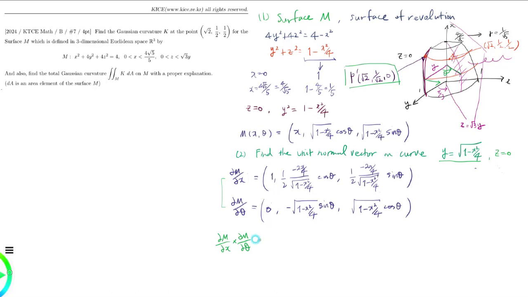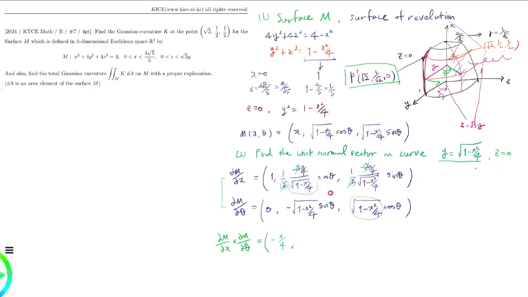Let me first cancel out those two in the denominator and numerator, and the square root of 1 minus x squared over 4 terms are cancelled out, and what's left is negative x over 4.